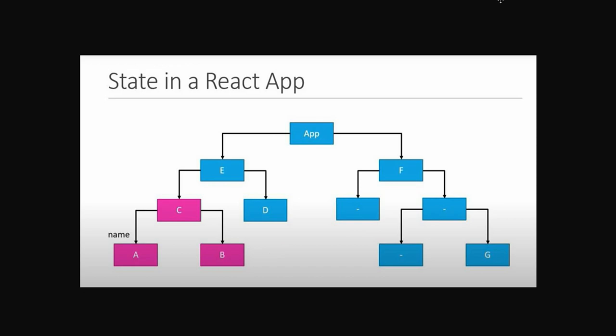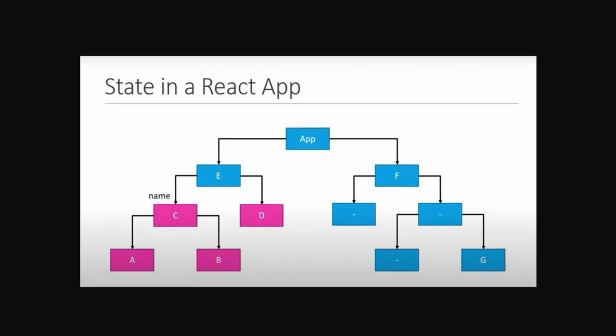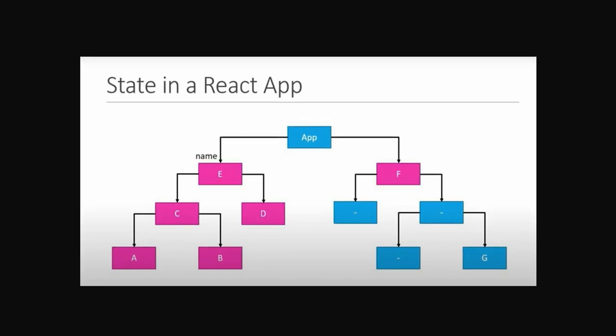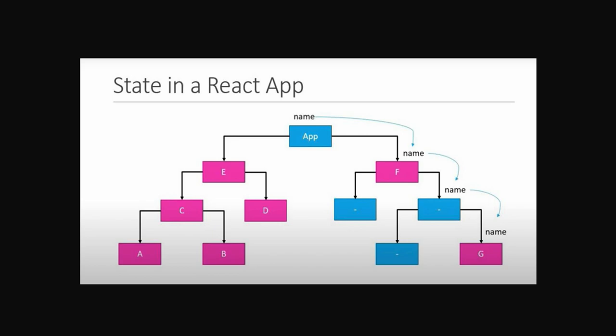In similar fashion, if you want to manage the state at D, we'll be lifting the state one more step at E. This goes like that. Again, if it is required in the F, then we'll be managing the state at app component layer.